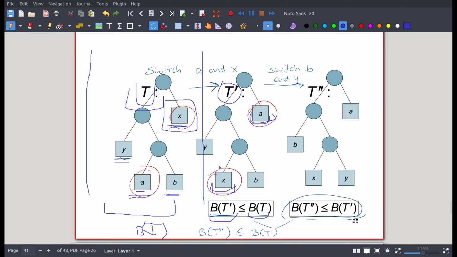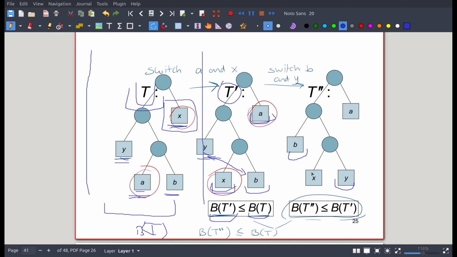Now we still have y, which is the second least frequency. So now we swap y with b. We swap these two, so we get y in the position of b and b in the position of y. So what happens here? y is one of the lowest frequencies, so when we brought it to the bottom of the tree, the cost either becomes less or stays the same, for example if they are both equal frequency.